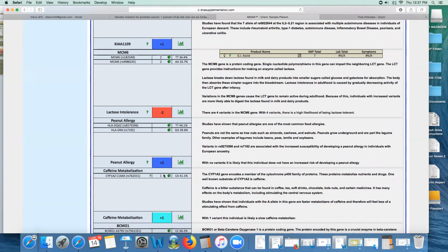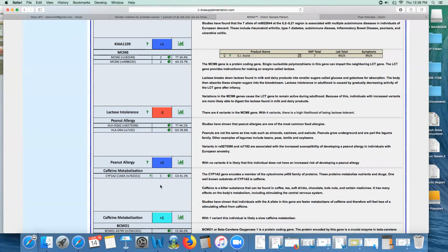So if this was me and I have a defect on this gene, if I drink coffee, it will make me have to go to the bathroom a little bit quicker. If I have a 2 there, I drink coffee, I've got to pee right away because it's processing through me very quickly. So a defect on this cytochrome P450 pathway, at least what we know now, increases the metabolic rate of how you process caffeine, and it goes out of your body quicker.